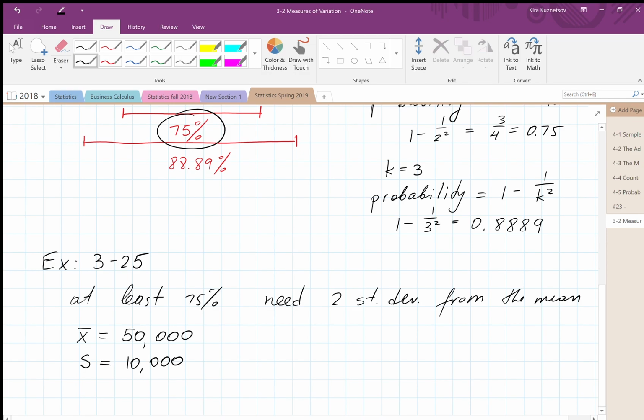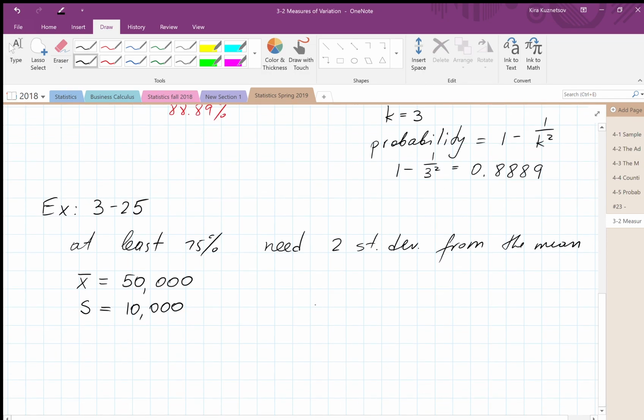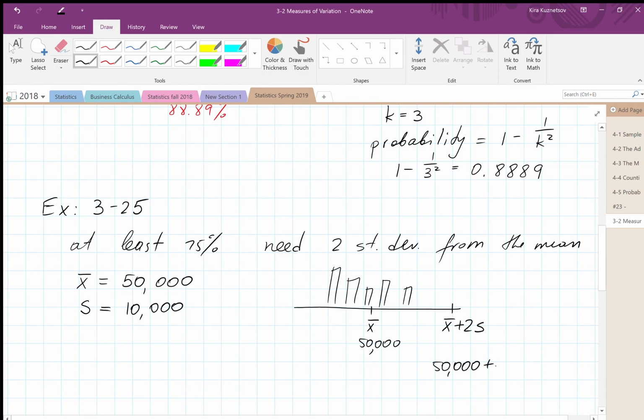So if I need to be at 75%, I don't know what the distribution looks like. It doesn't matter what I'm going to draw over here. But what I have is my x bar, which in this case is 50,000. What I need to do is move over to plus. So it is 50,000 plus twice the 10,000.